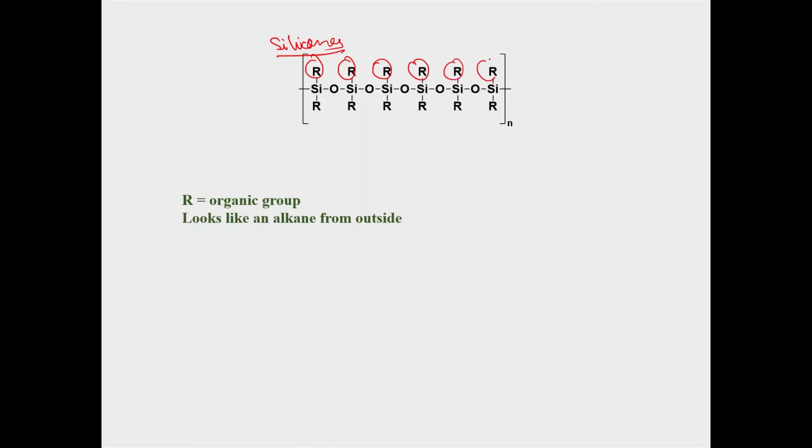So if we look at this structure from outside, it looks like an alkane type of compound, as these are organic groups. Because of the presence of this R group, they are hydrophobic and hence insoluble in water.